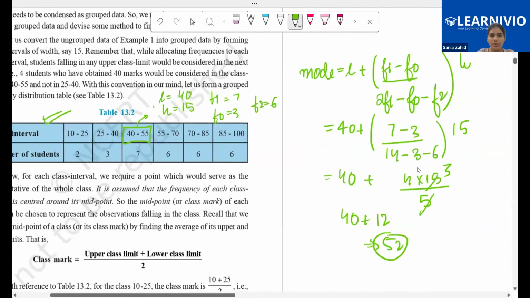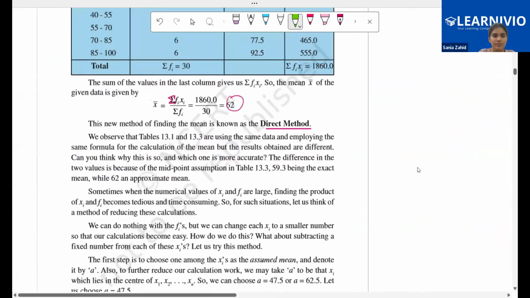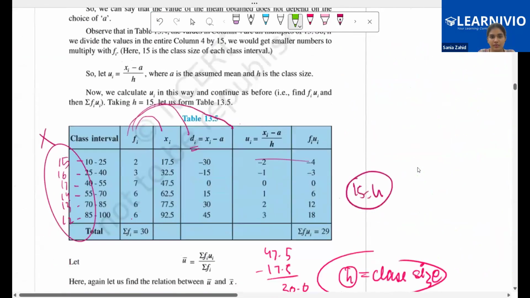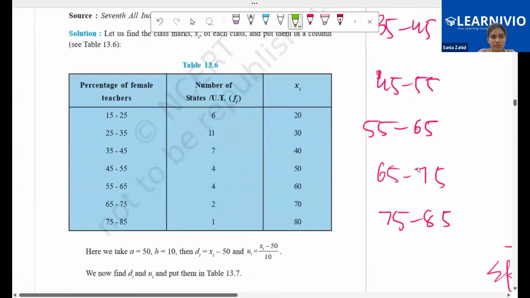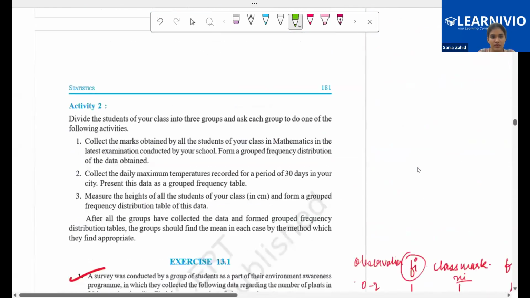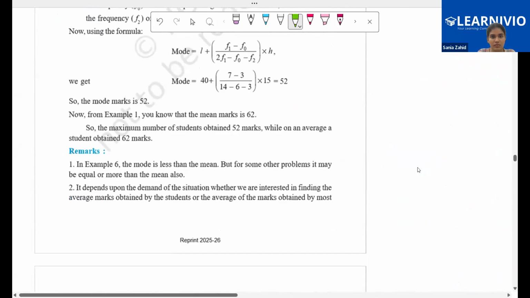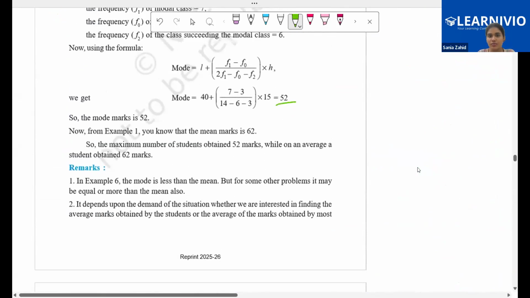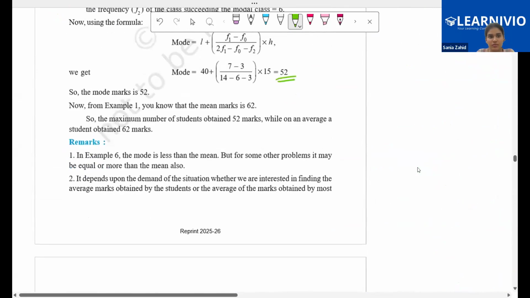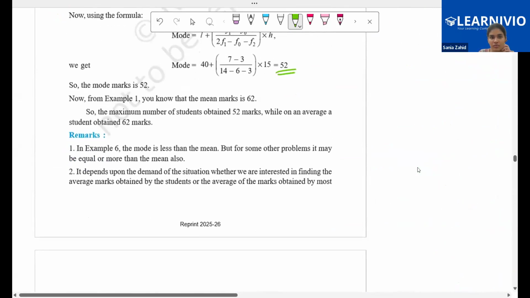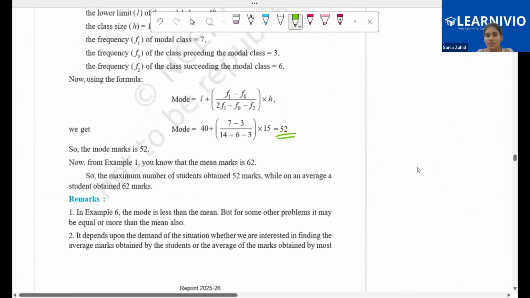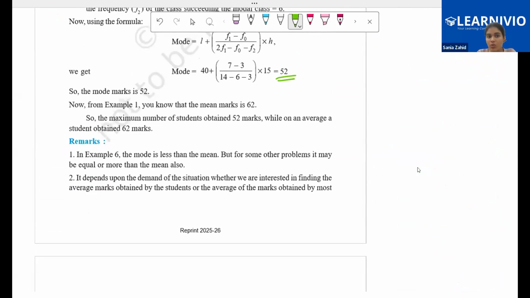Okay, so now we'll move to the next questions. Now see, this is a very important line. In that question, our mean was 62.